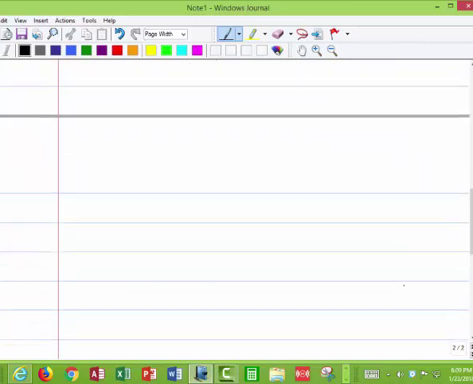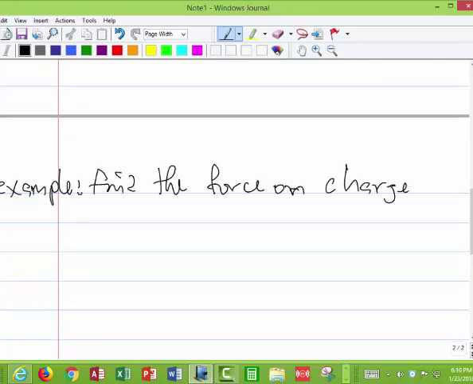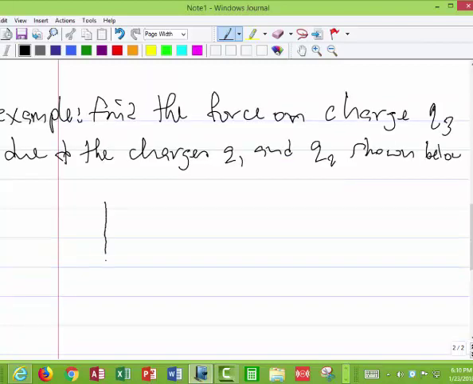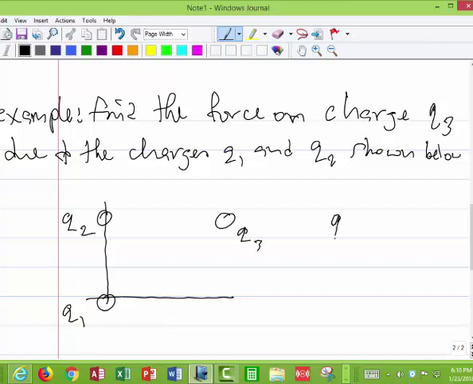So basically, we did this last time, and so let me give you an example that you can try. We shall find the force on charge Q3. I'll put this on a Cartesian coordinate system like that. So we have one charge here, one charge here, and one charge there: Q1, Q2, and Q3.